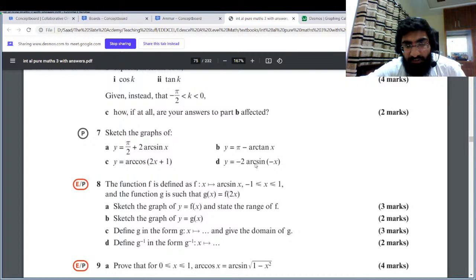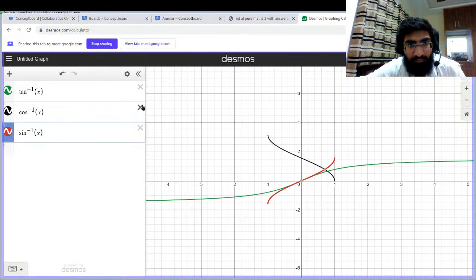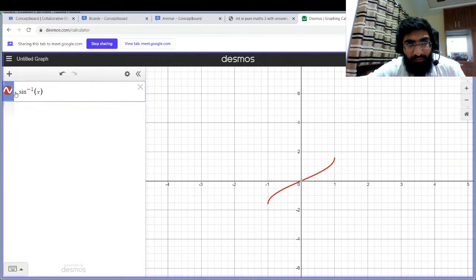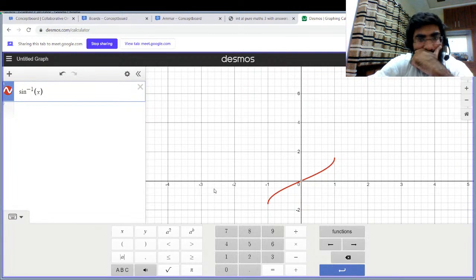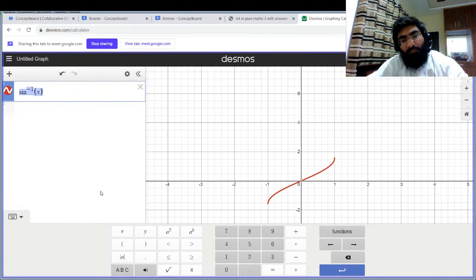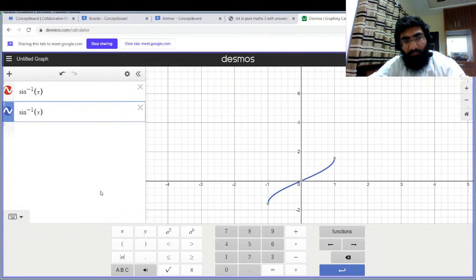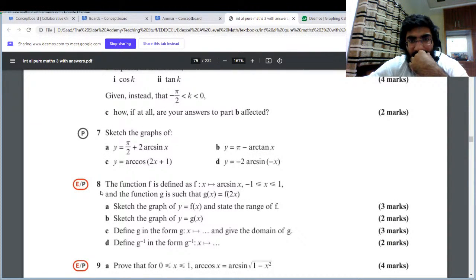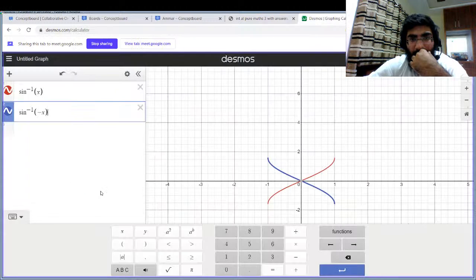Now, inverse of minus x. If I've got sine inverse of x and I want to do sine inverse of minus x, what would be the change in it? Sine inverse of minus x would be rotated, left side to the right side and right side to the left side. Then it says 2 of sine inverse of minus x.